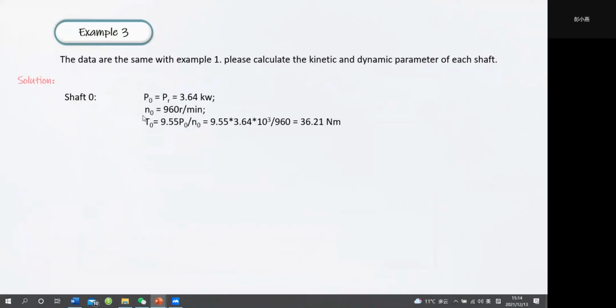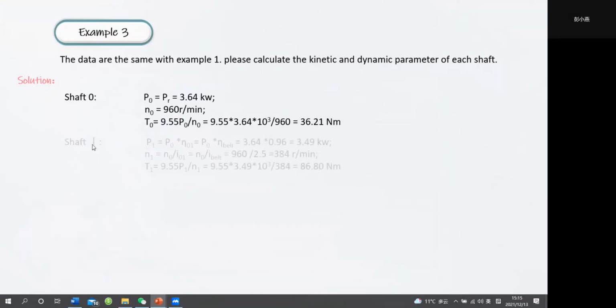And then we calculate the T0. T0 is the output torque of the motor, and we use this equation to calculate it: 9.55 times P0 divided by N0. So this is for shaft 0. Shaft 0 is the motor shaft.